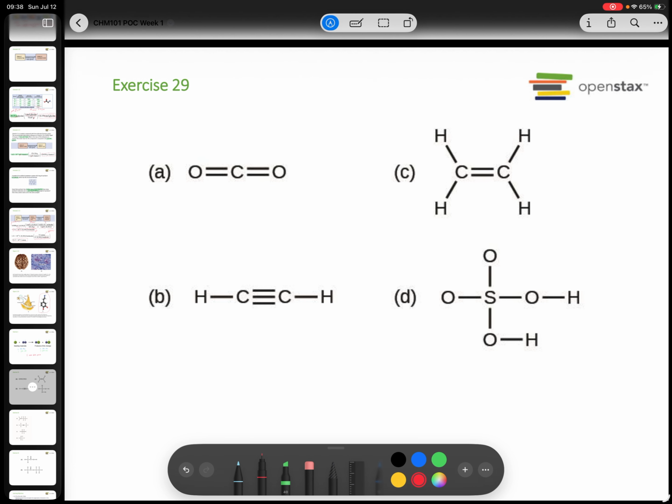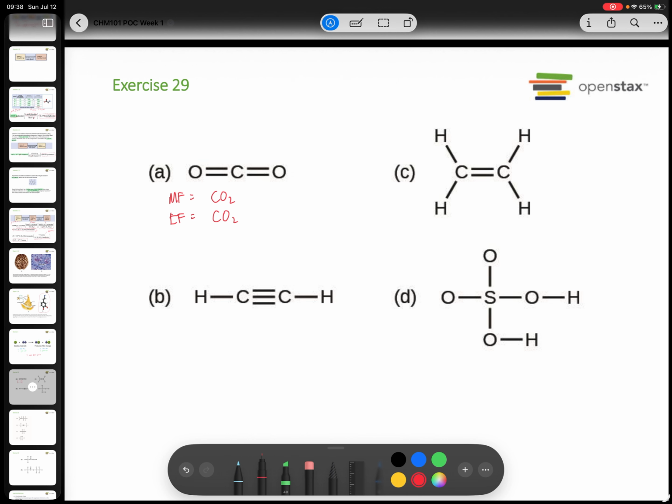For this one, we write the molecular formula and empirical formula from the given structure. For part A, the structure is carbon dioxide. So, its molecular formula is CO2, and its empirical formula is still CO2.